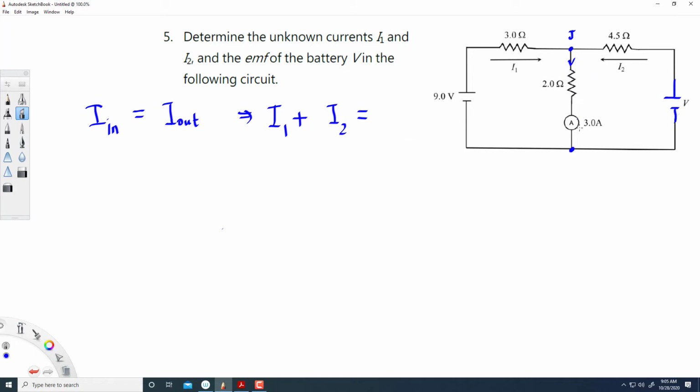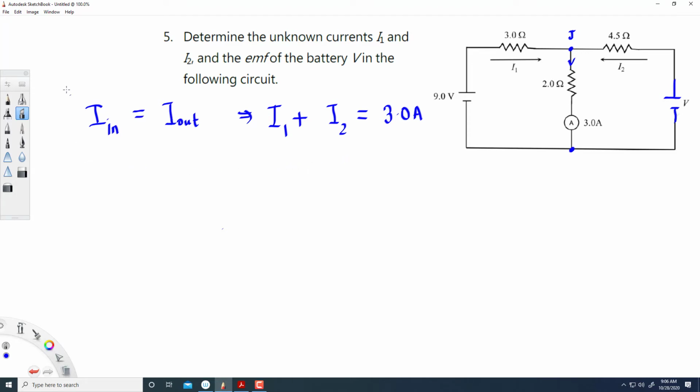This 3 amperes is all throughout this wire. This I1 is all throughout this wire on the left. This I2 is all throughout the right side of the wire. So that's 3 amperes. So we use the junction rule.